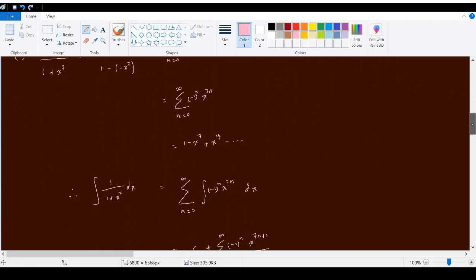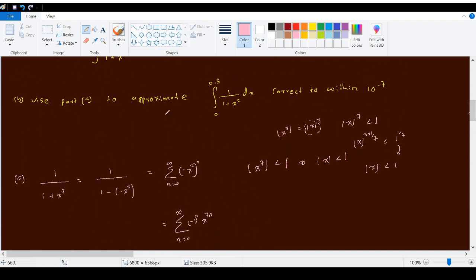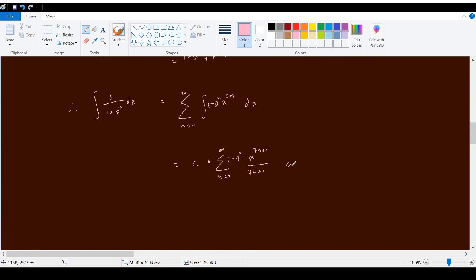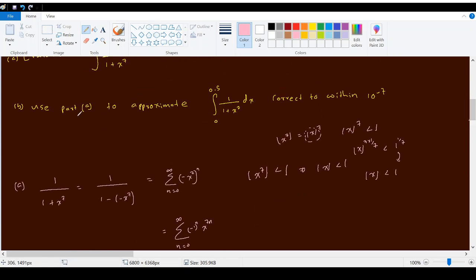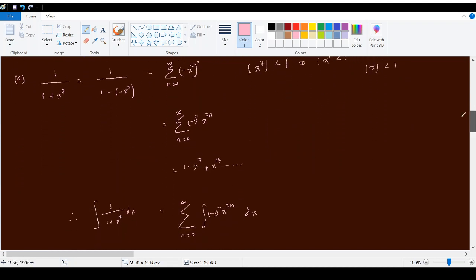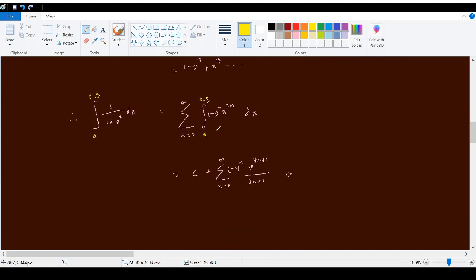Okay, right? So now this is the answer for part A. And then we are supposed to use part A to approximate this one correct within 10 to the power minus 7. So basically what we have to do is evaluate this integral across these two limits. So we just have to substitute the limits, and when you substitute 0, the terms will vanish.